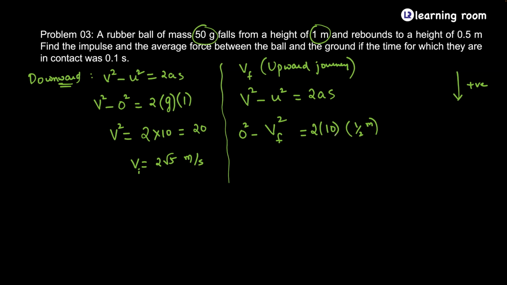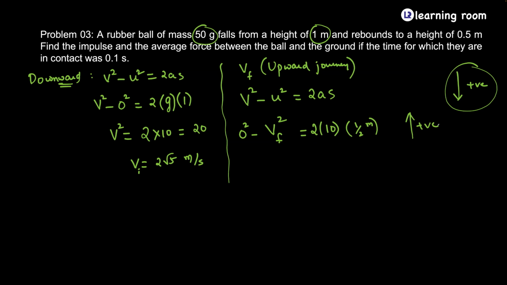Now listen to this carefully. No, it is not negative, because for the downward journey, I took downward things to be positive. So for the upward journey, I'm taking upward to be positive. As I told you, I'm free to do so. So that is why I broke the problem into two parts. For downward, what did I consider? Any vector quantity in the downward direction as positive. For upward, any vector in the upward direction is positive.